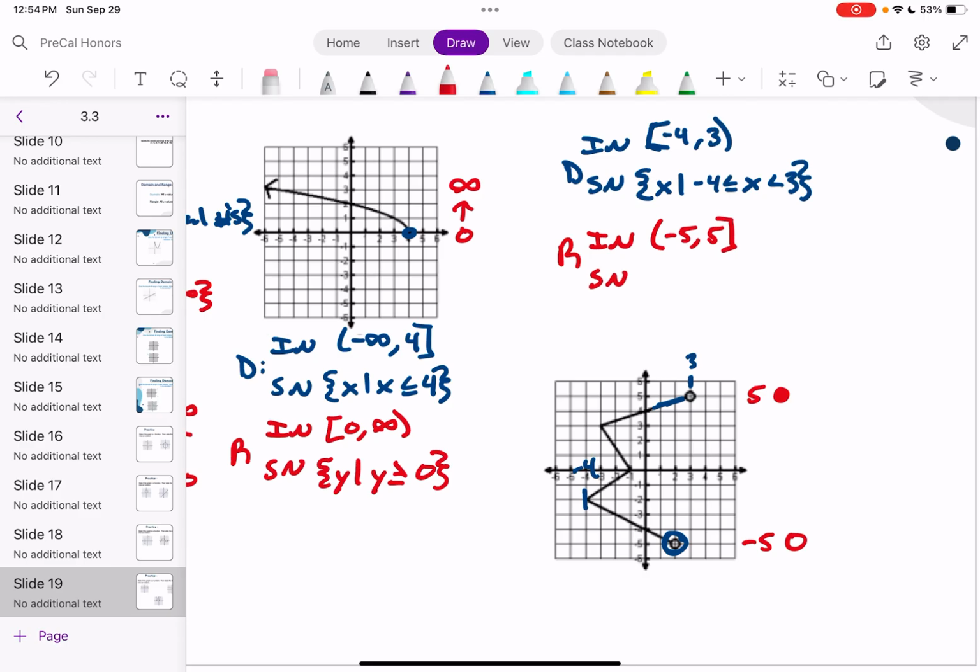Our set notation would be y such that -5 is less than y, less than or equal to +5. Close that off with a bracket.